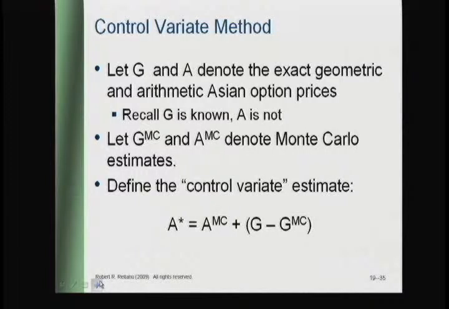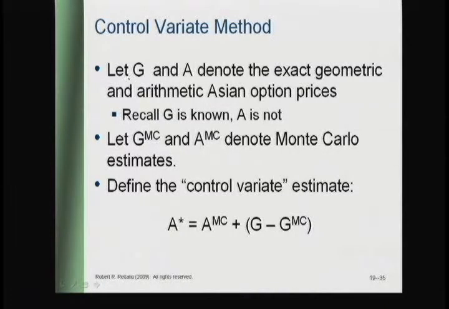And what control variate does is to use this idea, but it doesn't demand that the errors have this simple functional relationship. All it requires is that the errors are correlated. So formally, here's the application. I mentioned earlier that we can use Monte Carlo to estimate Asian and geometric options.